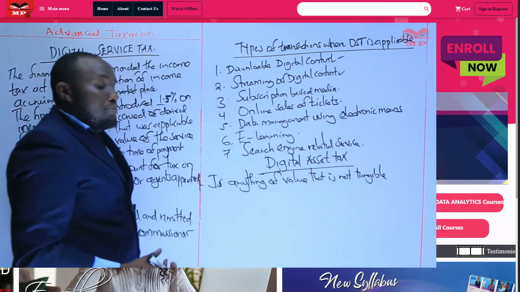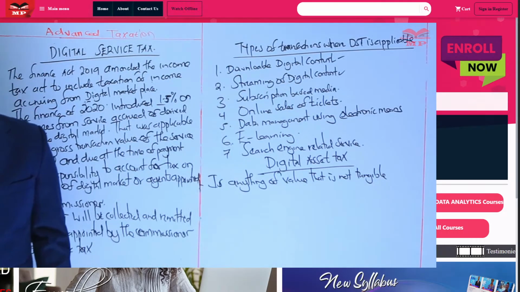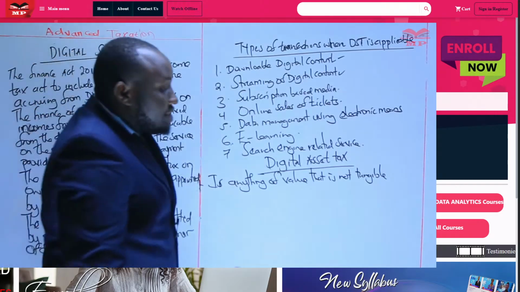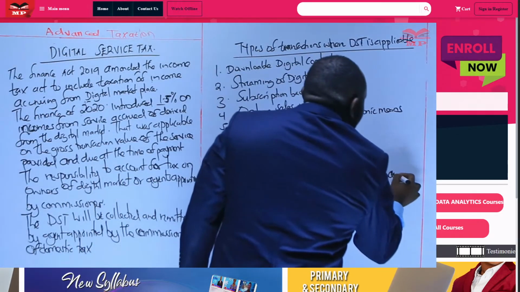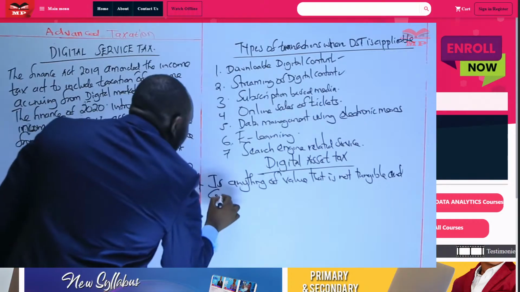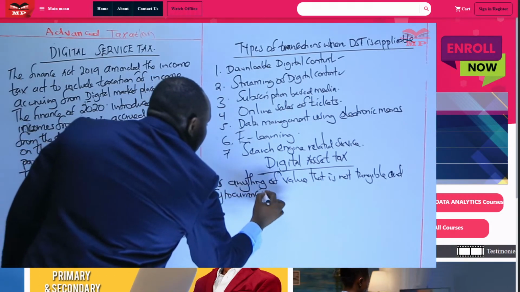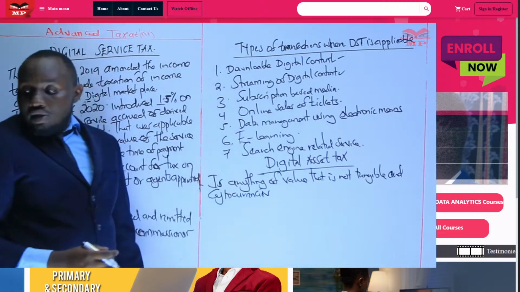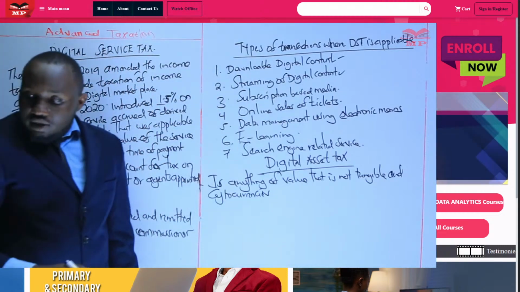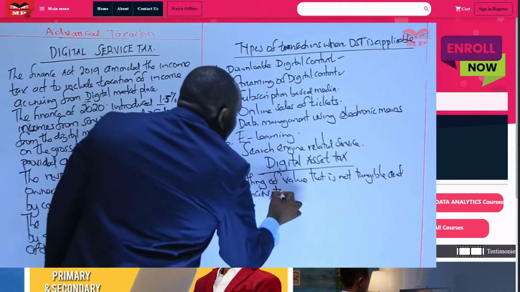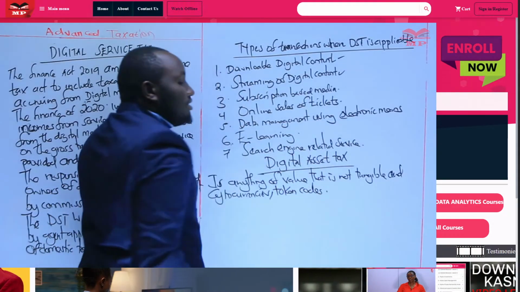That is not tangible. And cryptocurrencies, and token codes.